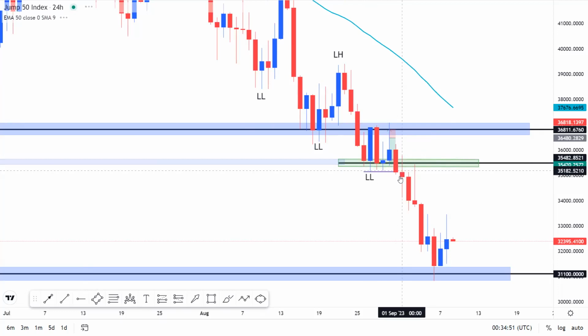And then the next thing to do would be to wait for price to come into the level and then scale down to the lower time frames, the 1 hourly, the 15 minutes, the 30 minutes time frame for trade entry confirmations.